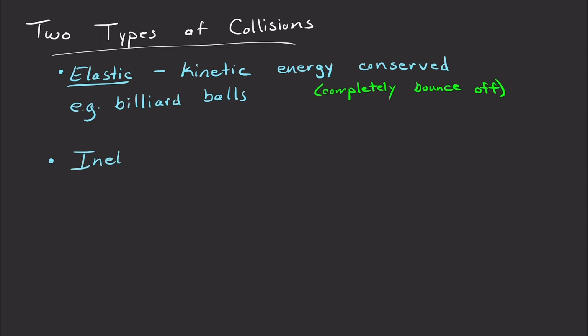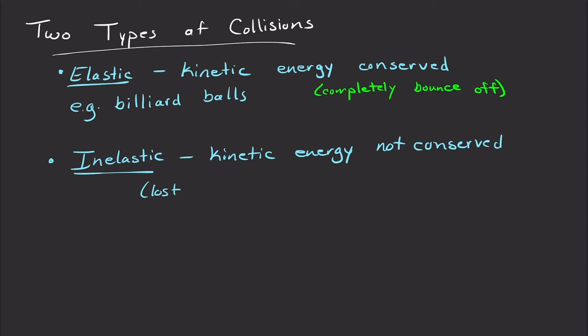The other type of collision is inelastic. Okay, and so in this collision, kinetic energy is not conserved, or it's lost. And so it might be lost to heat, it might be lost to sound.